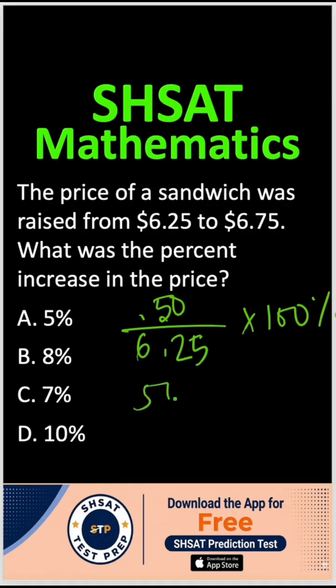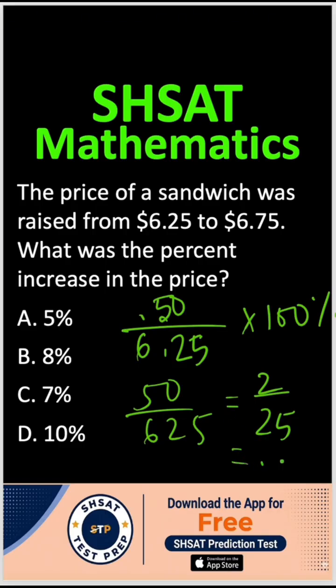Now we can write it as 50 over 625, and 50 over 625 can be written as 2 over 25, as 25 times 2 gives us 50, and 25 times 25 gives us 625. And we know that 2 over 25 is 0.08, and 0.08 multiplied by 100% gives us 8%. And with that, the correct answer is option B.